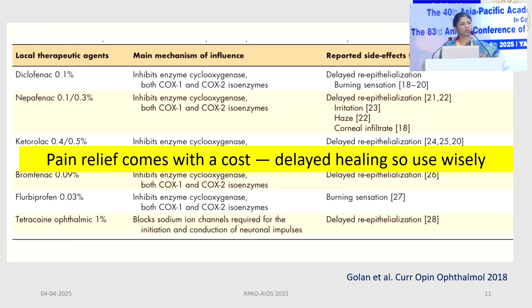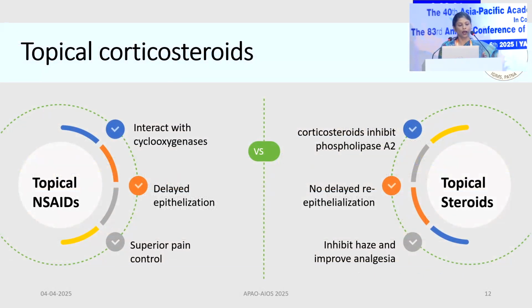So here comes the point that this NSAID we cannot use in all the patients. It comes with a cost, and that is the delayed epithelialization. So we should know when and how to use these drops in the post-operative period. Another thing is steroid.